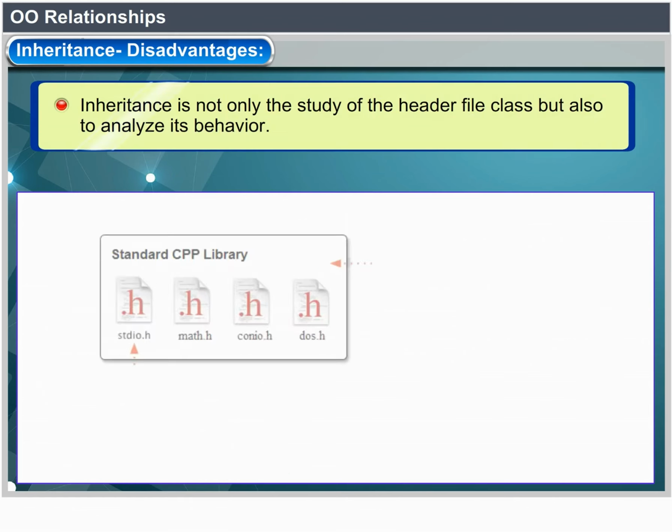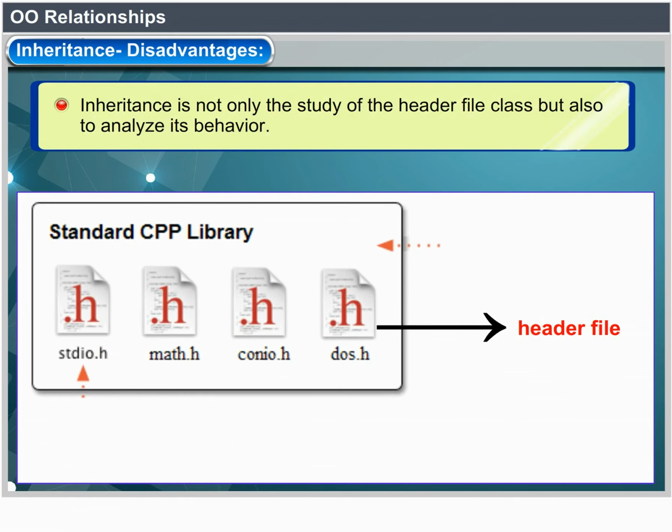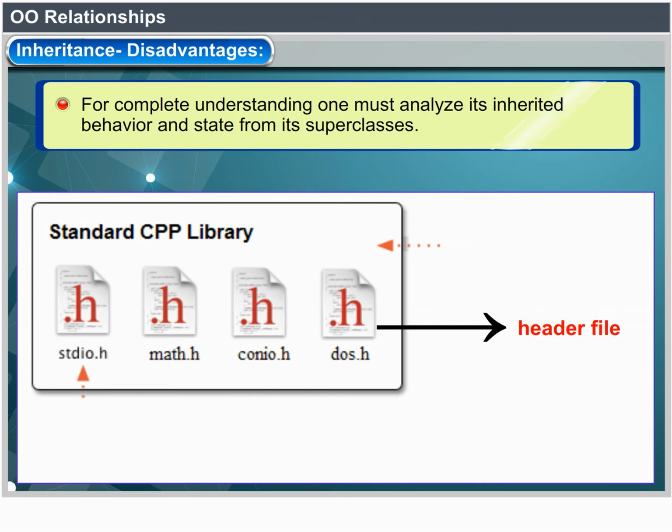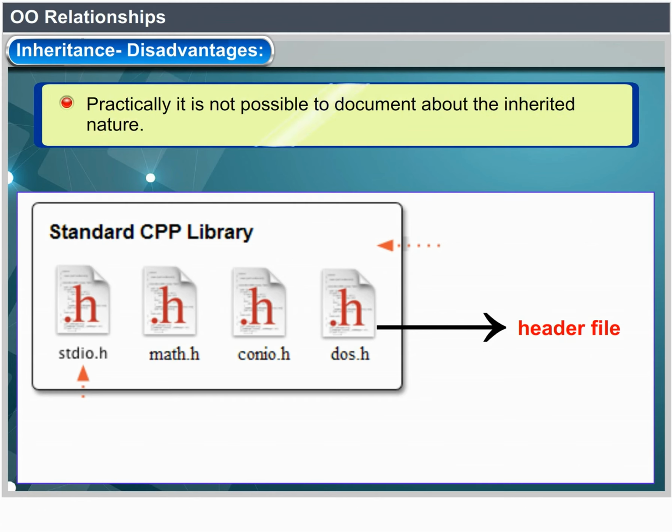Inheritance means that it is not sufficient to study the header file declaration of a class to completely understand its behavior. You often must look up the hierarchy and consider the inherited behavior and state from its superclasses. On a particular note, this can be a pain for documentation since you may not find the behavior you seek in the document for the class itself.